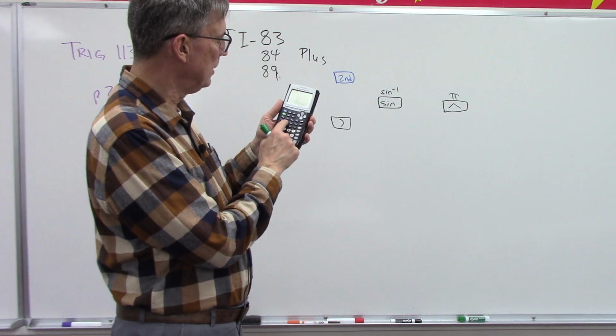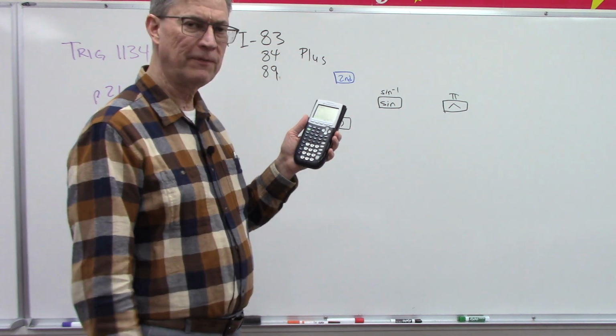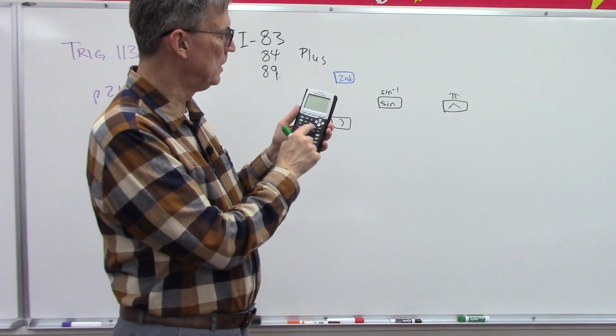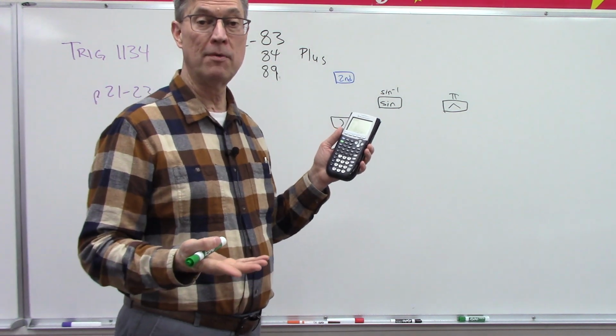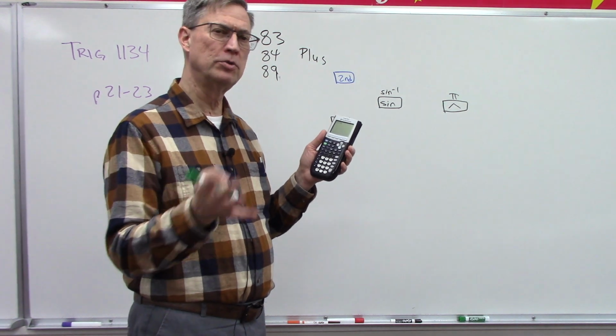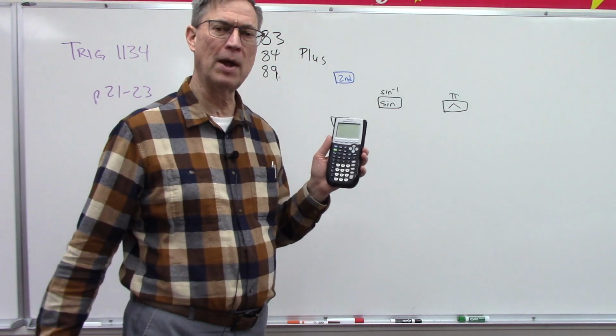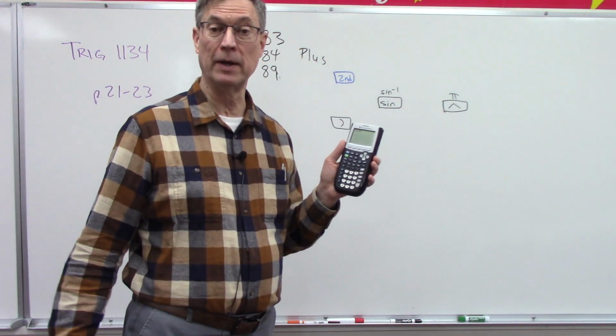So we hit sine, and it automatically puts in the parentheses. Now we've got to find pi. If you just look at the white text on the black buttons, you're not going to find pi. If you have a beginner calculator or a calculator used in Algebra 2 that wasn't a graphing calculator, the pi key was probably down here and very easy to find.